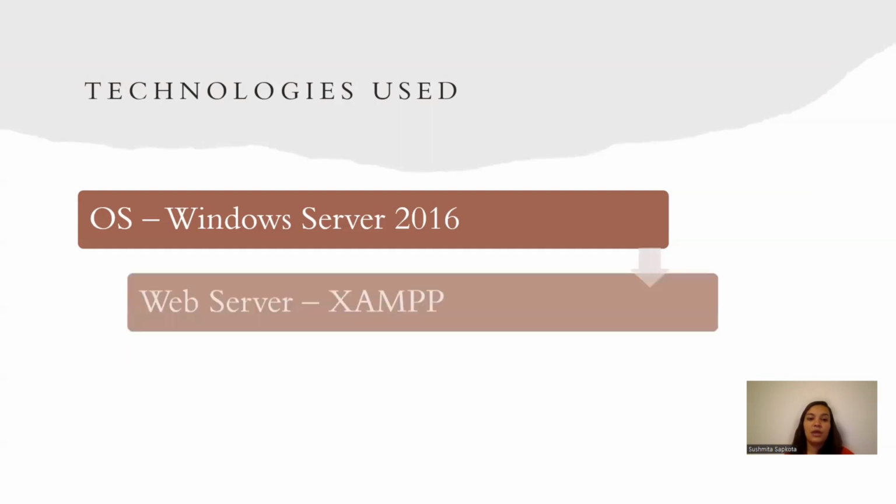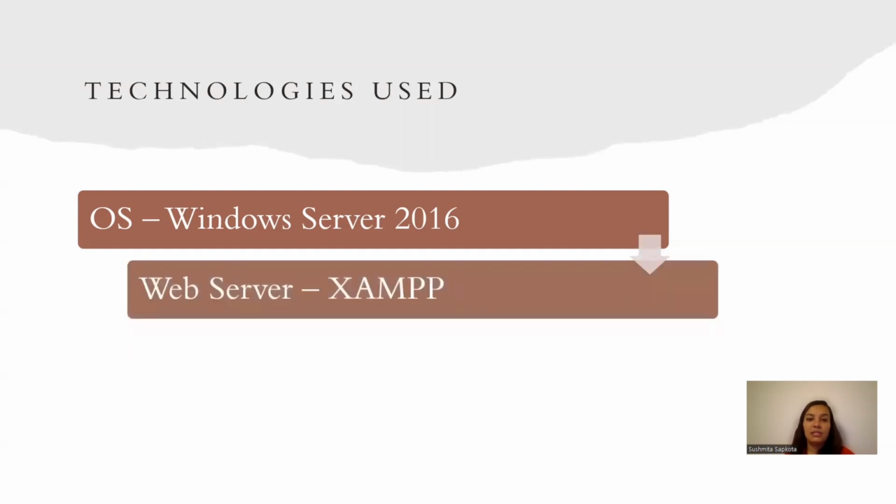project. Another technology that we have implemented in our project as a web server is XAMPP. XAMPP is a popular choice for local web development environments due to its simplicity and versatility.